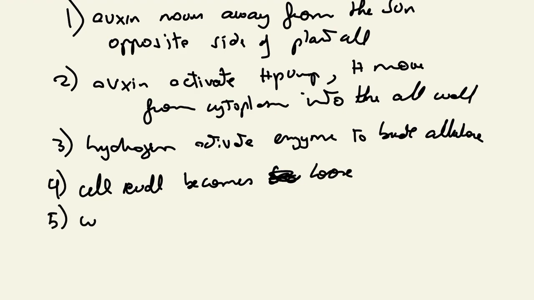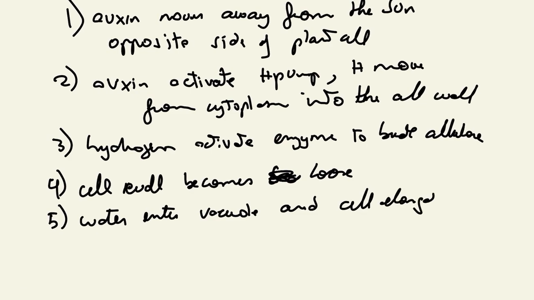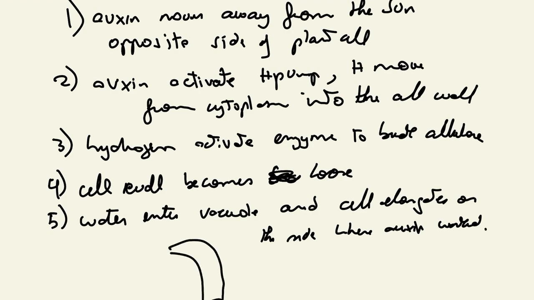Number 5, water enters the vacuole and the cell elongates on the side where auxin worked. So this will be showing what a plant moving and elongating on this side looks like, as basically the sun is hitting the plant. So you can see the motion going.